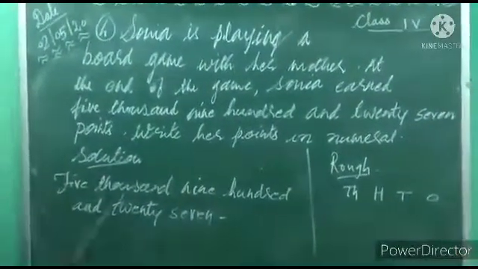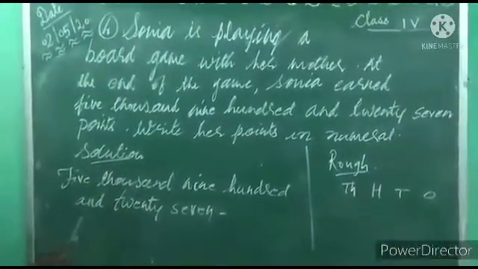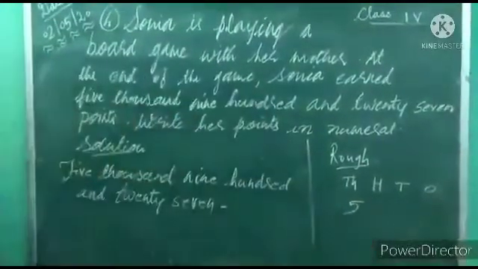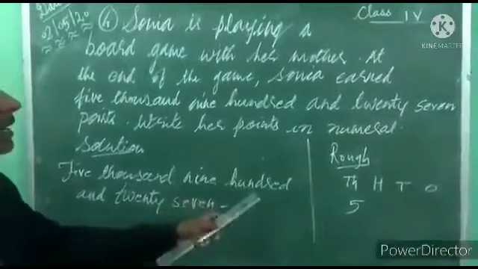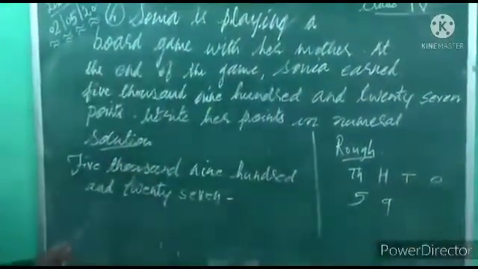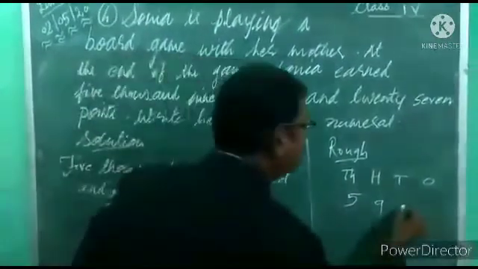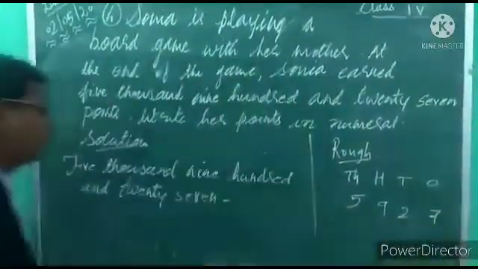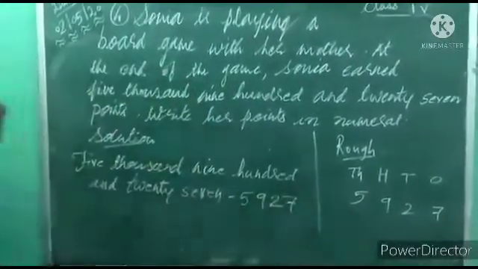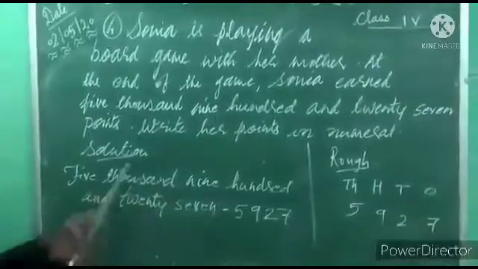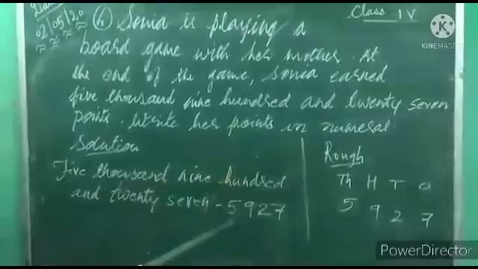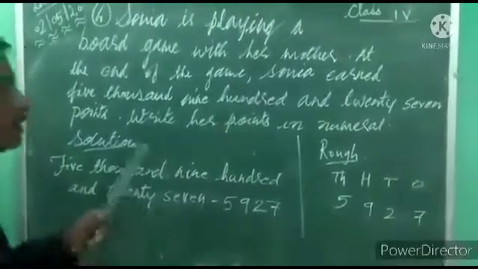We have to write 5,927. It is given in words, and we have to write it in numeral. Numeral means in number. So 5,927.